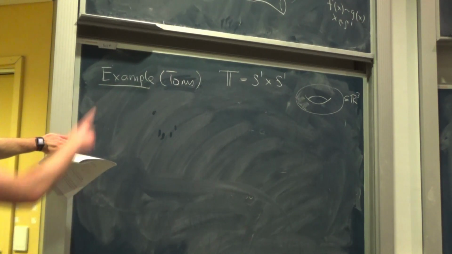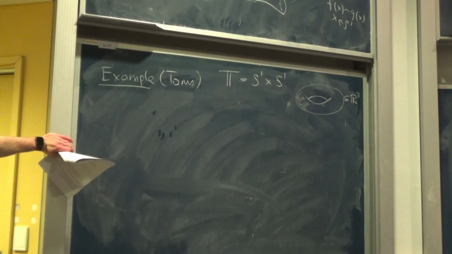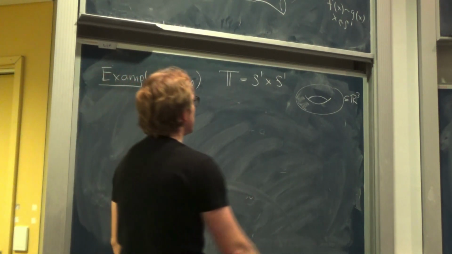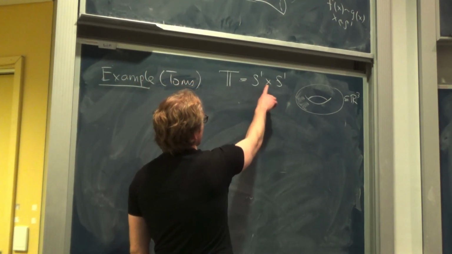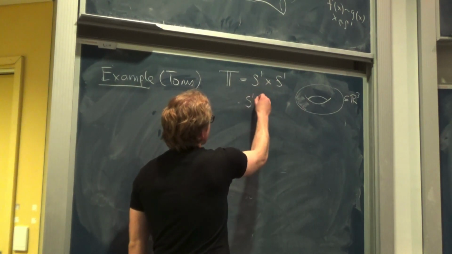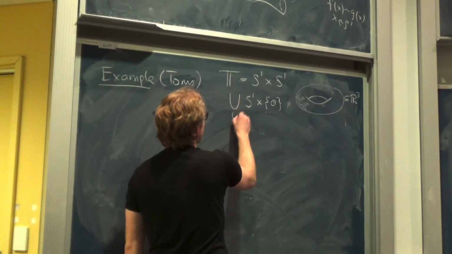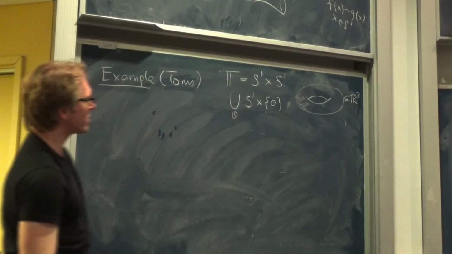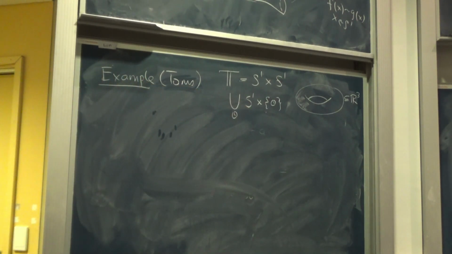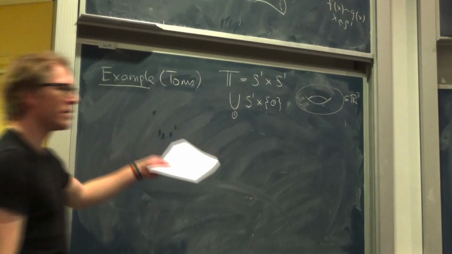So what's the connection between that description as a product and that picture? Well, the elements here look like S1 cross theta. So I can take the union over all thetas of S1 cross theta and get that Cartesian product, right? So it's one copy of the circle per angle. Well, that's just what I drew, right?